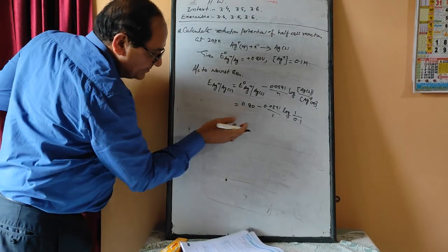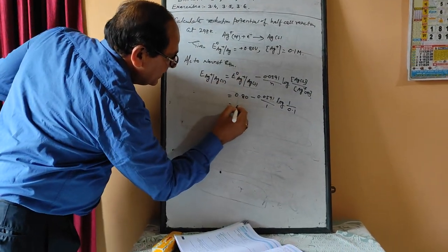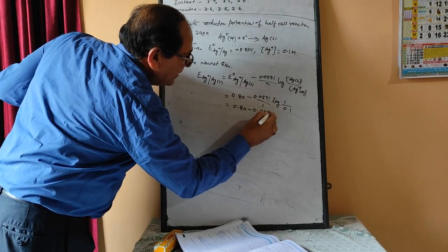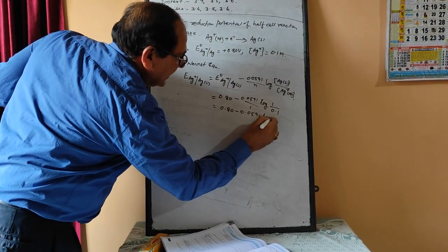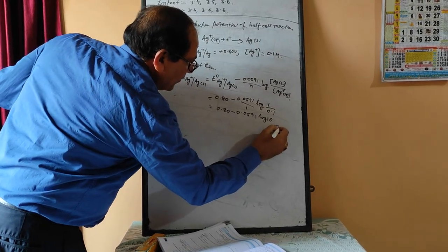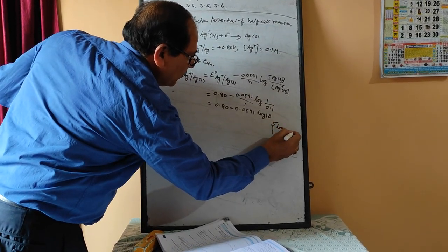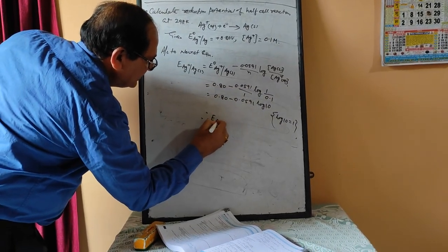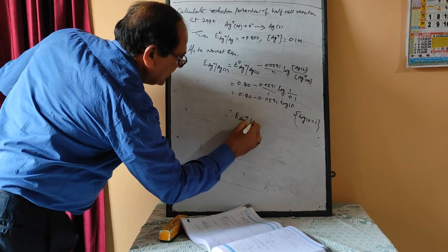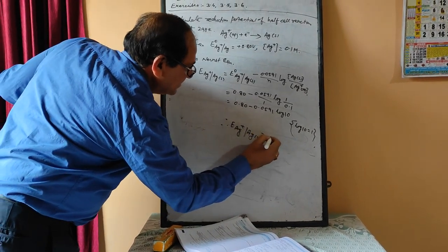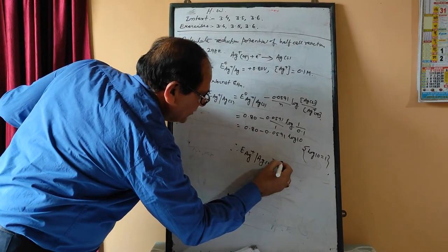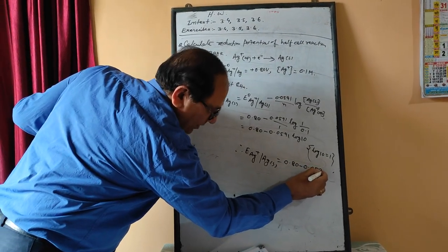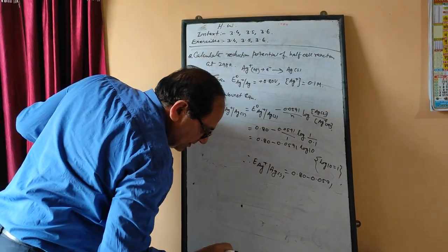Naturally it will be 0.80 minus 0.0591 log 10, and you already know log 10 is equal to 1. Therefore E of Ag plus/Ag is equal to 0.80 minus 0.0591.